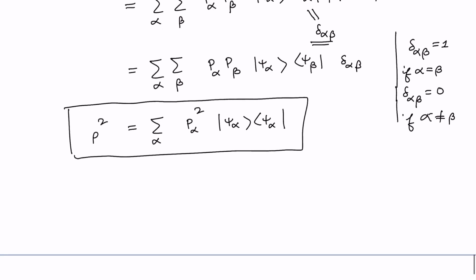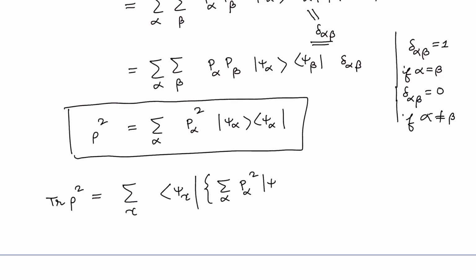Now let me take the trace of rho square. So trace of rho square would be, let me take sum over gamma, <psi gamma|, and then rho square, which I have to write as summation over alpha, P alpha square |psi alpha><psi alpha|, and this is multiplied from the other side by |psi gamma>.